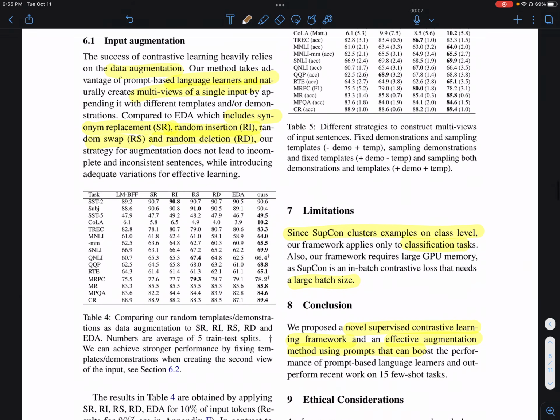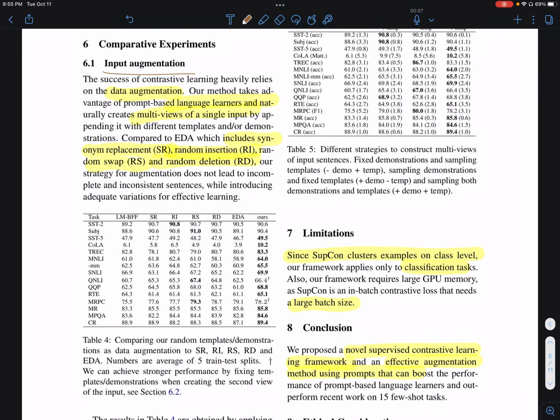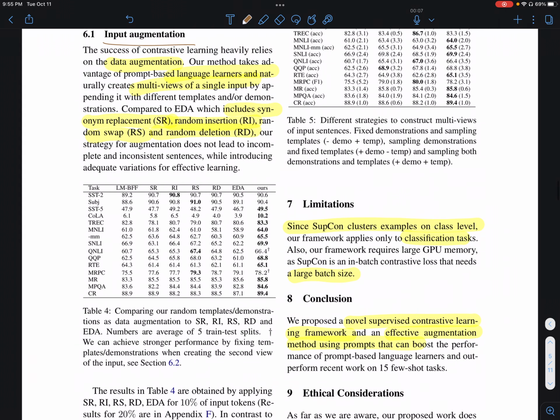Their augmentation method involves sampling different templates and sampling different demonstrations. They compare these with other data augmentation techniques such as synonym replacement, random insertion, random swap, and random deletion. For most of the data sets, they find that the data augmentation method which they propose, by sampling different templates and demonstrations, performs better.